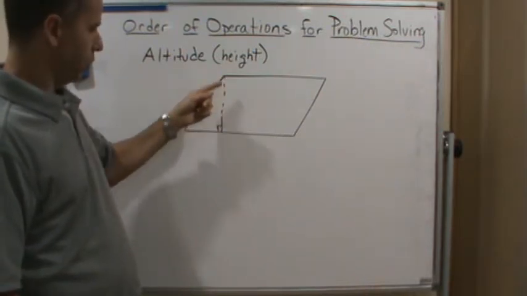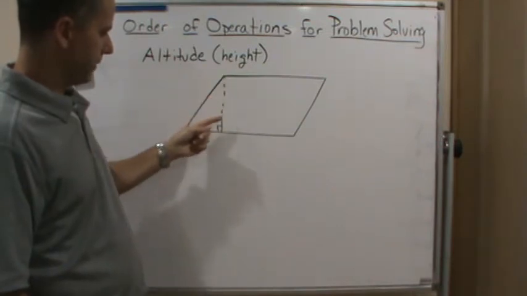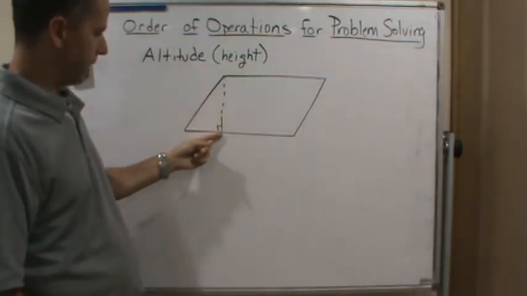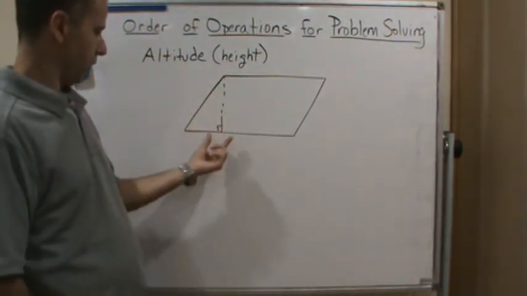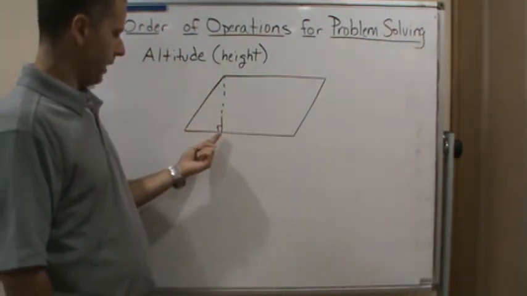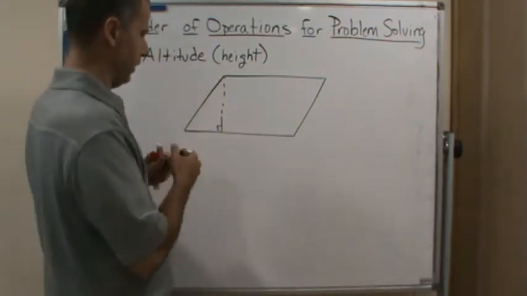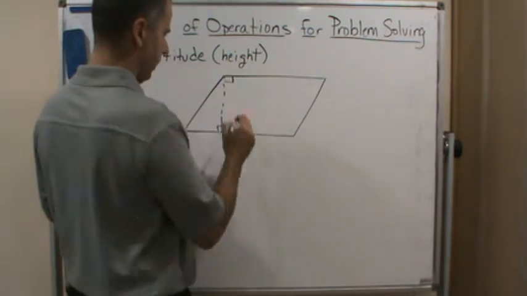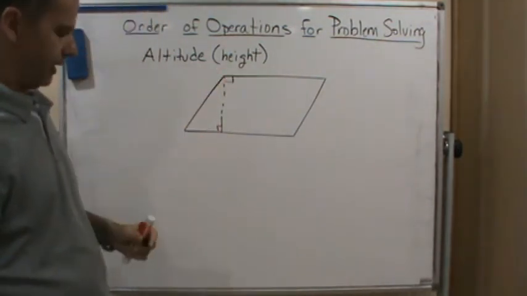If you draw a perpendicular line from the top base down to the bottom base, that is called the altitude. Again, it has to be perpendicular to the bases, right? So if you draw a line that's perpendicular to the base, that's an altitude.